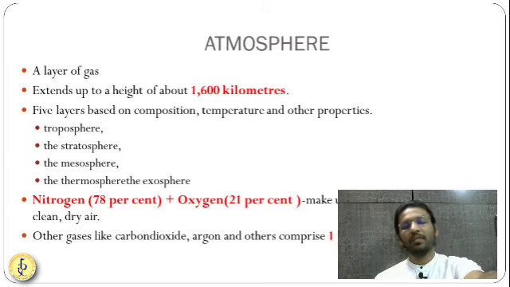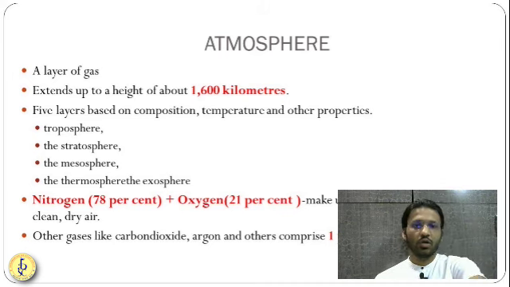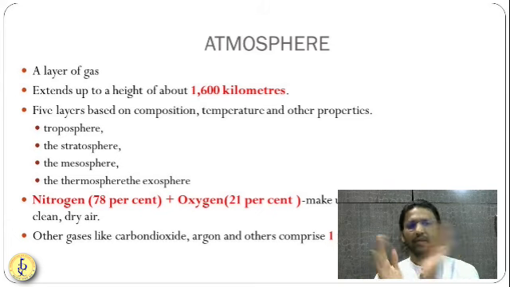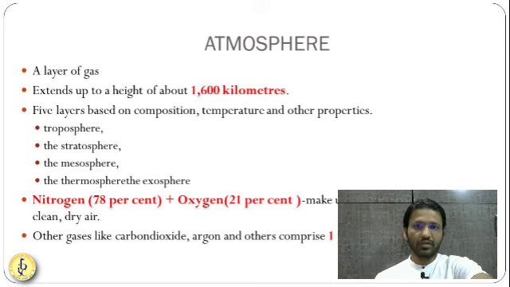But that does not mean there is a very thick cover of gases up to 1600 kilometers. It is a very thin cover of gases, and even at that level, gases exist in atomic form. The thick layer of gas exists only up to 20-30 kilometers. Beyond that, the atmospheric layer starts thinning, but there are different factors which we'll study in the upcoming chapters.